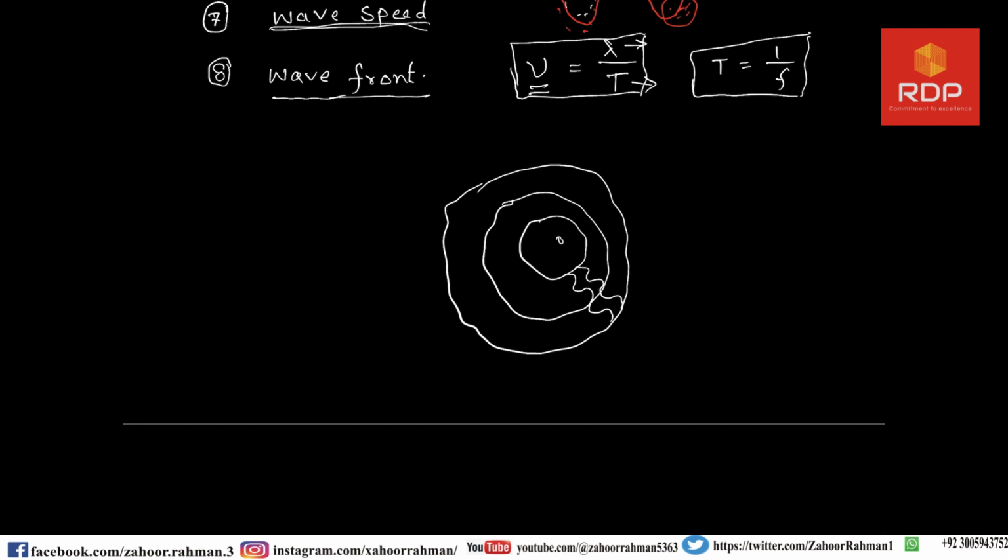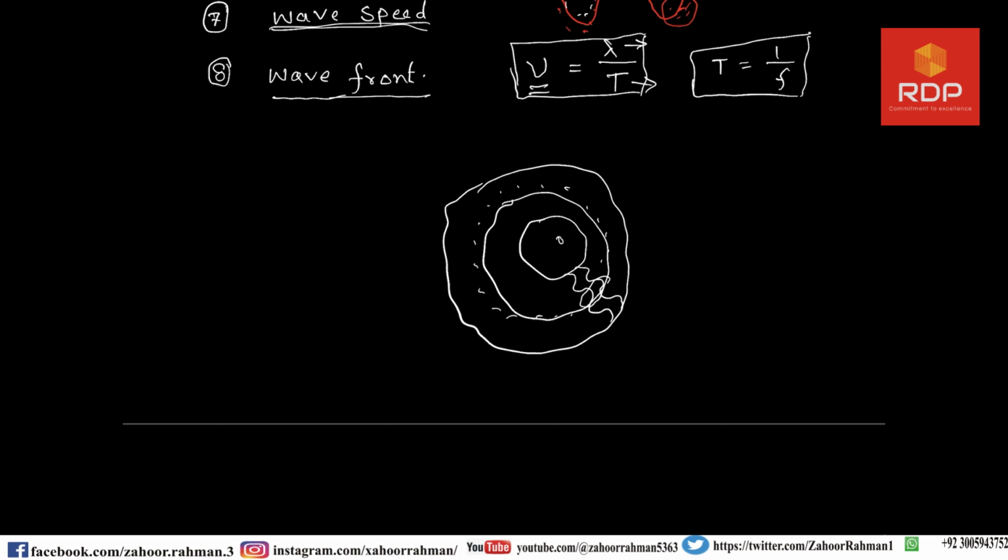So the trough and the crest, this whole area which is in circular form is called wavefront. Might be it is crest, might be it is trough, and that line is an imaginary one.